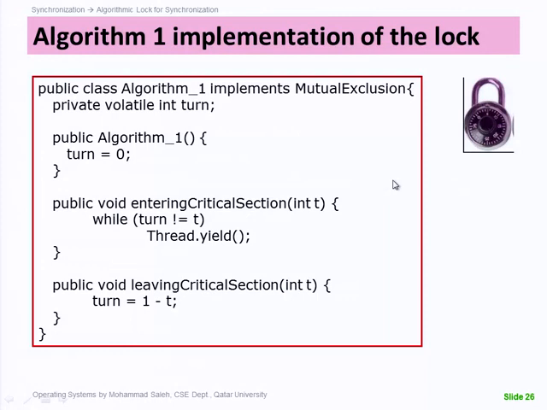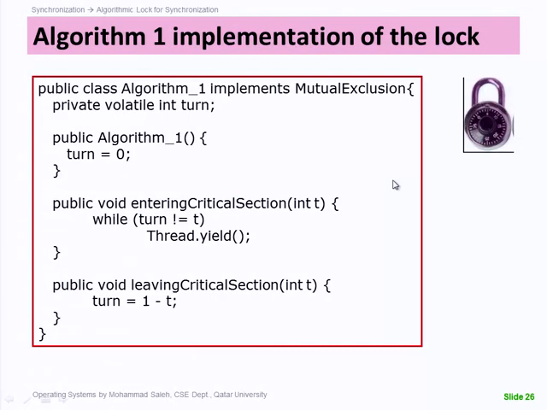If the ID matches the worker, then the worker is granted to enter. Once the worker is in there, no other worker can enter because turn is changed. And later, on leaving, you have to change the turn to give opportunity for others to enter.